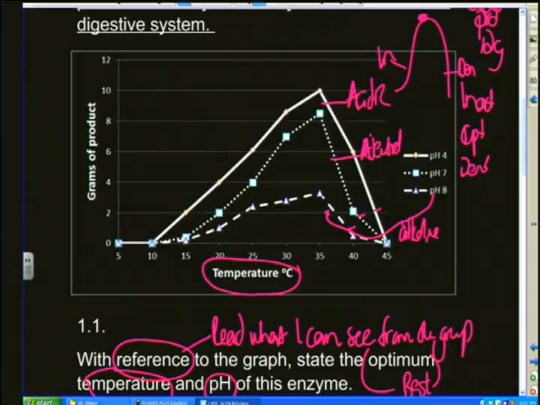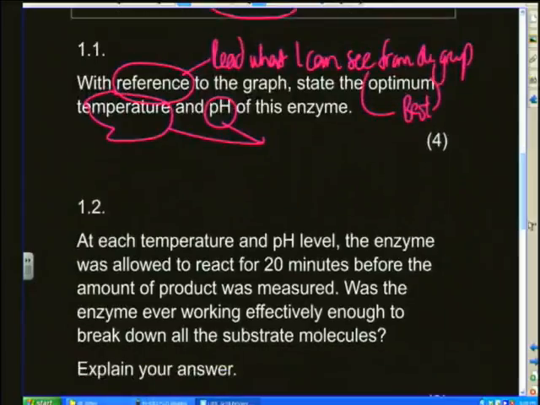So what do I do? I take my graph and I see here that this enzyme has its peak. So which pH is pH number 4? And if I draw a line downwards, with a ruler, obviously, I'm going to see that it works best at 36 degrees.